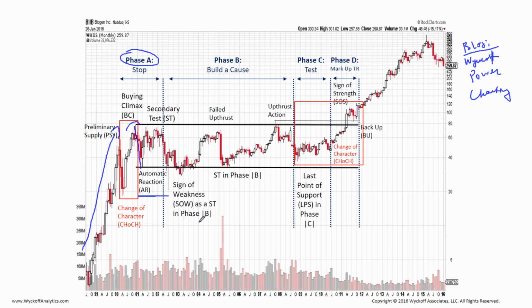And what happens is this very important information, this is in the blog, is that you draw resistance lines, and this is a term coined by Mr. Wyckoff, resistance lines and support lines off of the peak of the buying climax and the low of the automatic reaction. And that is a big sign that we have stopped the uptrend.